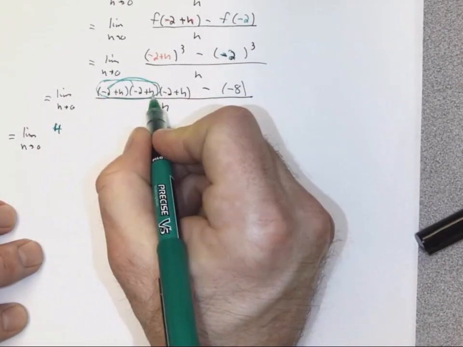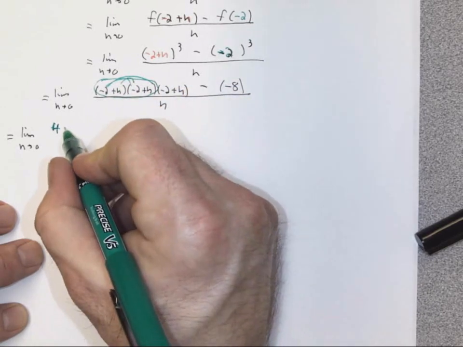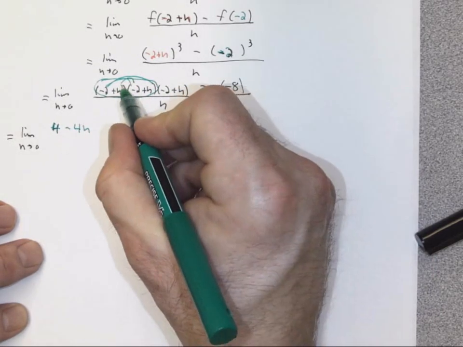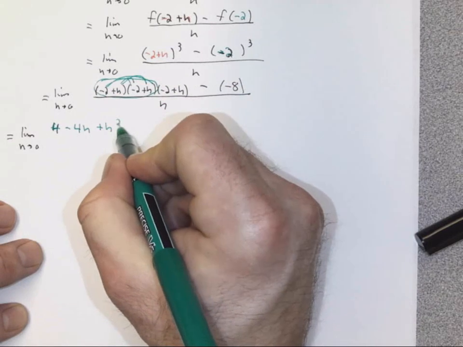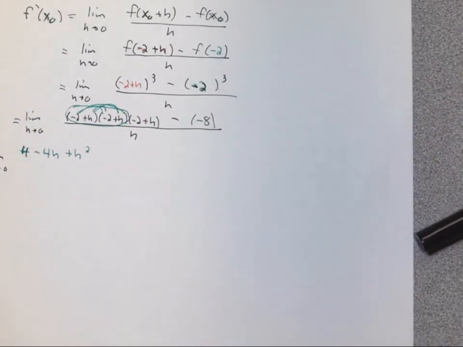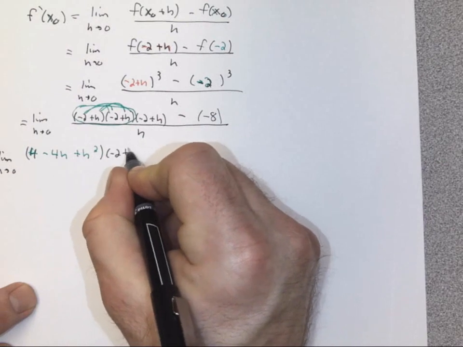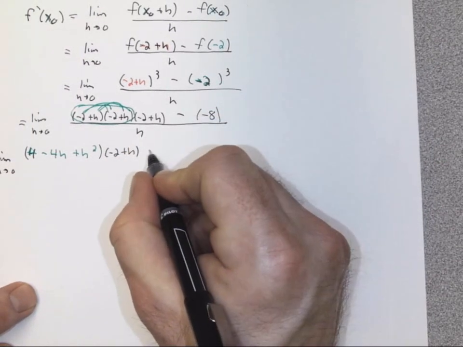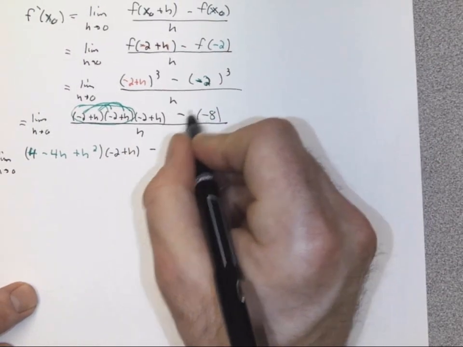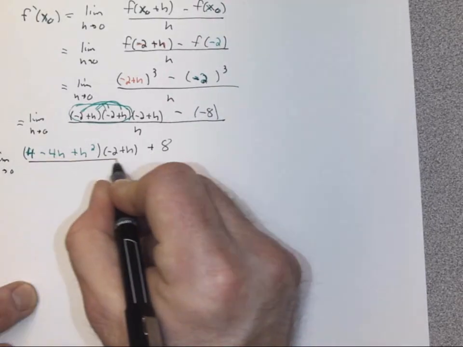Outside gives you a -2h. Inside also gives you a -2h, so a -4h. And last gives you an h squared. Clear? What do I still have, though? Yeah, -2 plus h. I still have this -2 plus h, so we're not done yet. I'm just going to say this is +8 over h.